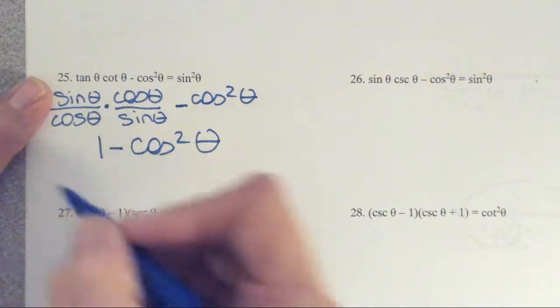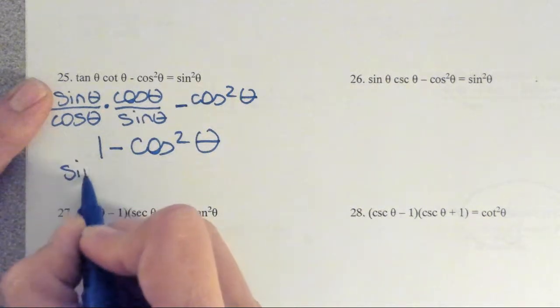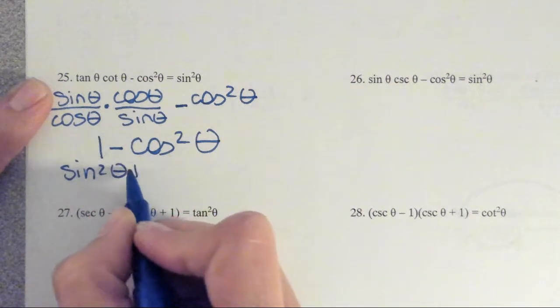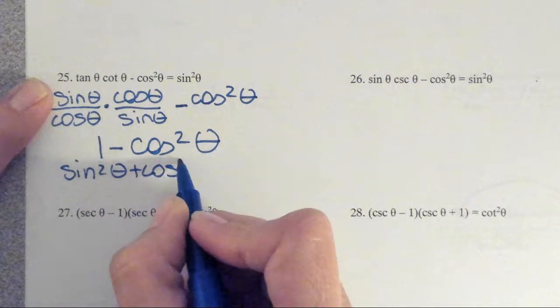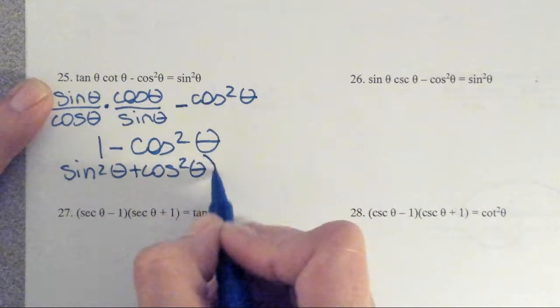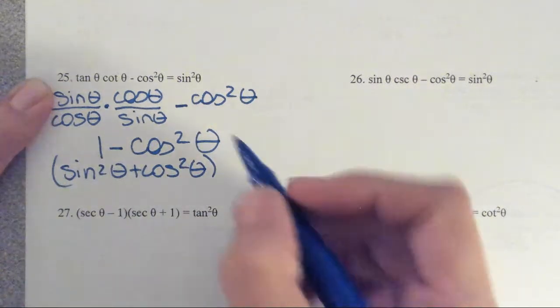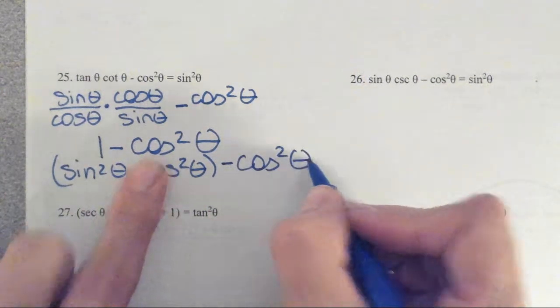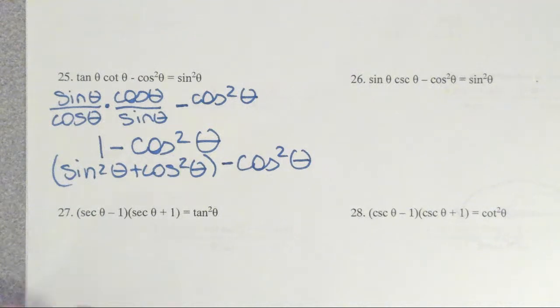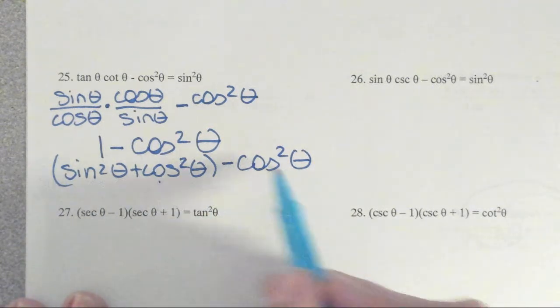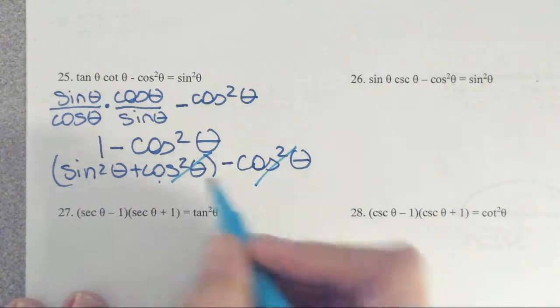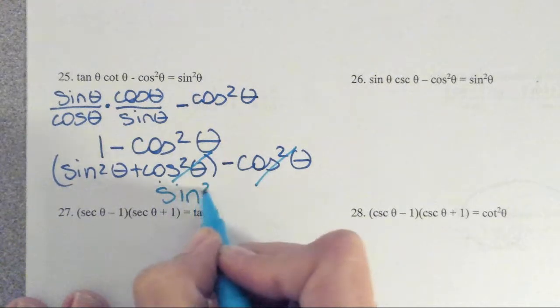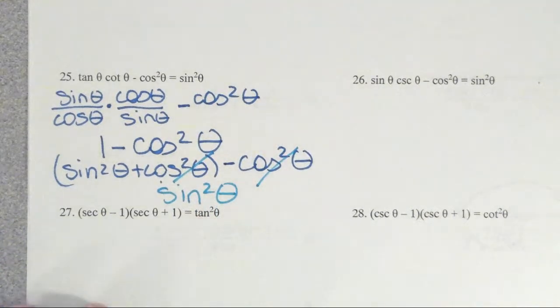So I'm going to write sine squared plus cosine squared. All of that represents the 1. I'm going to bring down my minus cosine squared. So now I'm going to see that the cosine squared and the minus cosine squared cancel, and the only thing I have left is sine squared, which is what I was supposed to get. Check, done.